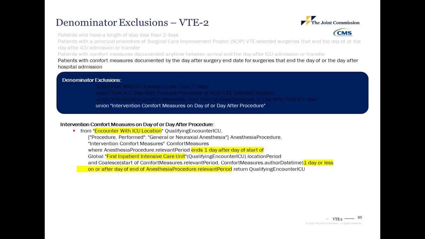So again, in the last exclusion, we've already reviewed the logic in VTE-1, and noting the difference here is in the timing condition, where we are looking for comfort measures to occur on the day of or the day after the procedure ends, and that the procedure ends 1 calendar day after the start of the first ICU.